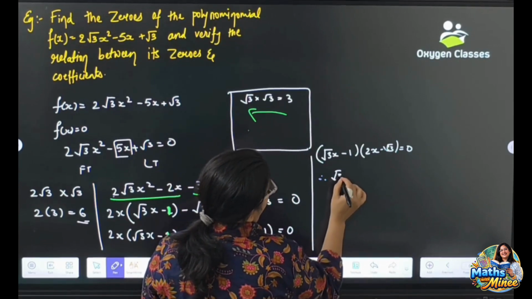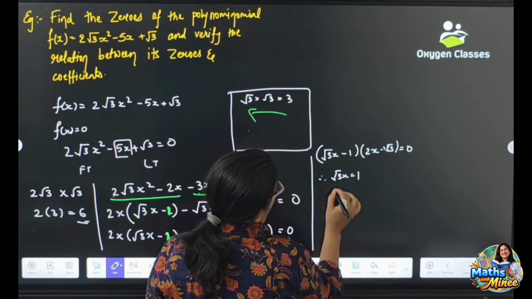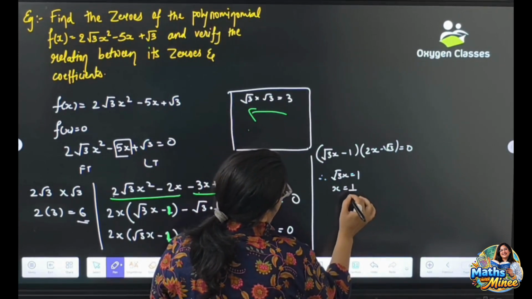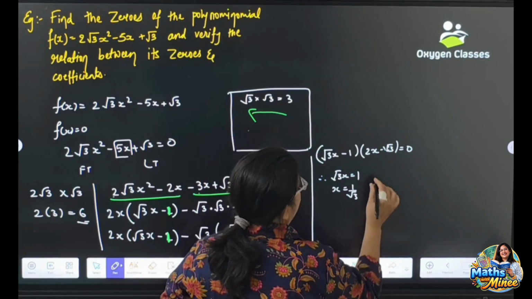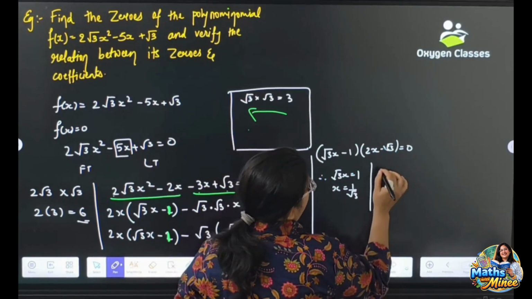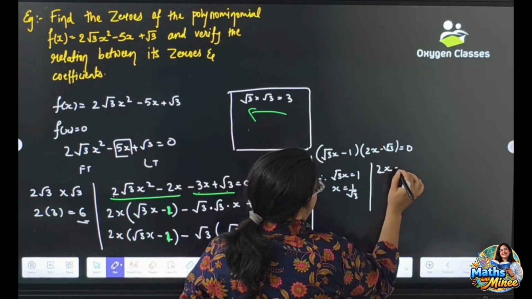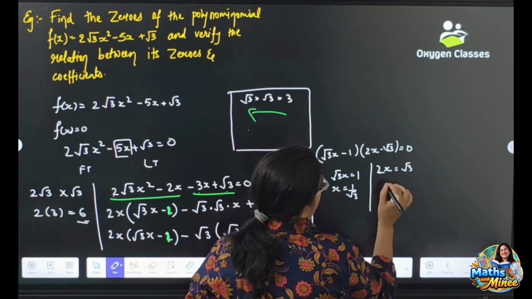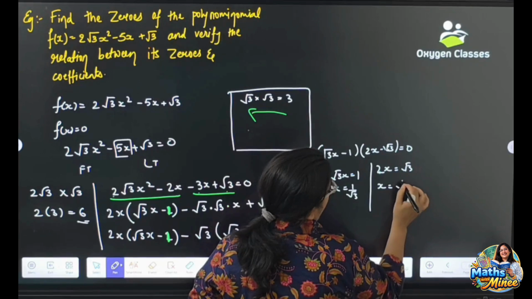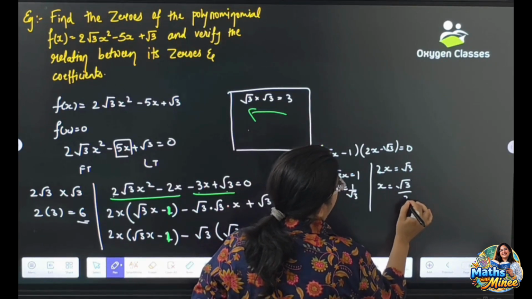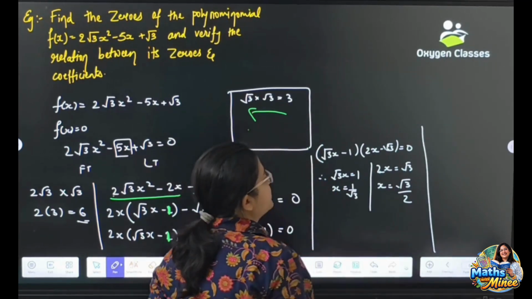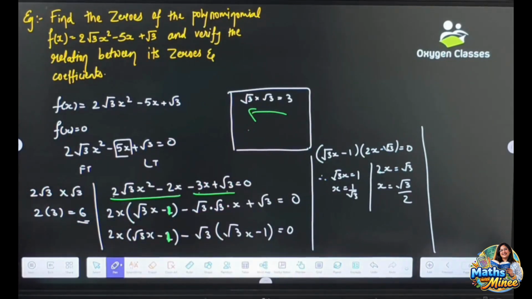Therefore, the value of root 3x is equal to 1. So x is equal to 1 by root 3. Similarly, 2x is equal to root 3. So x is equal to root 3 by 2. Now these are the solutions.